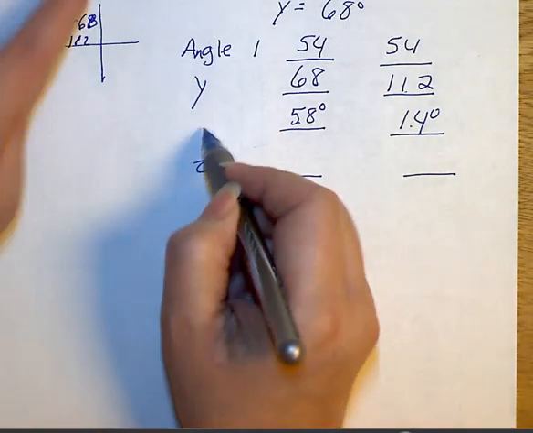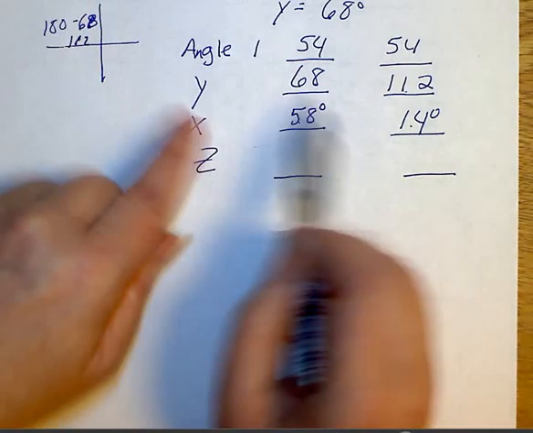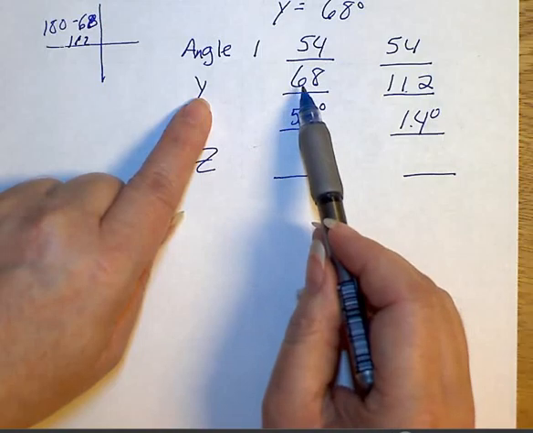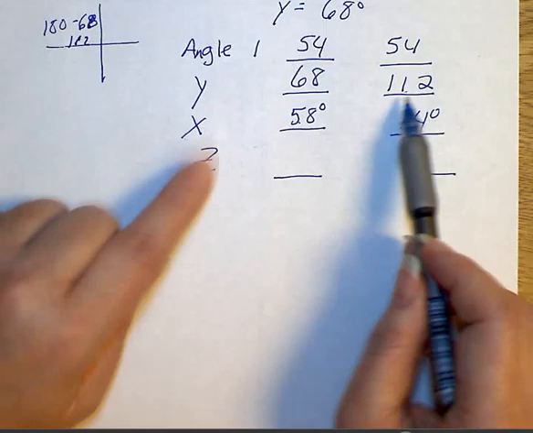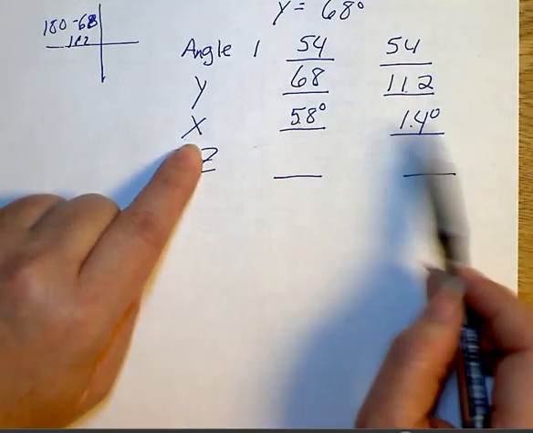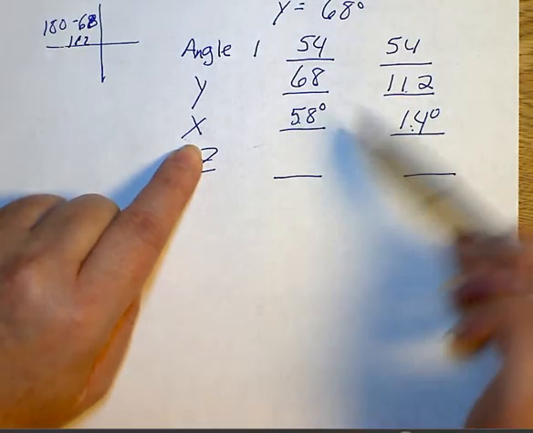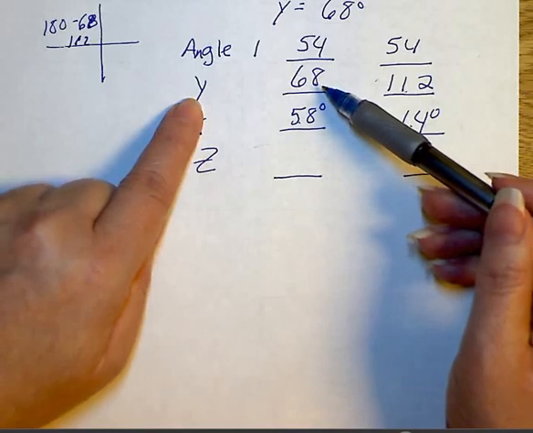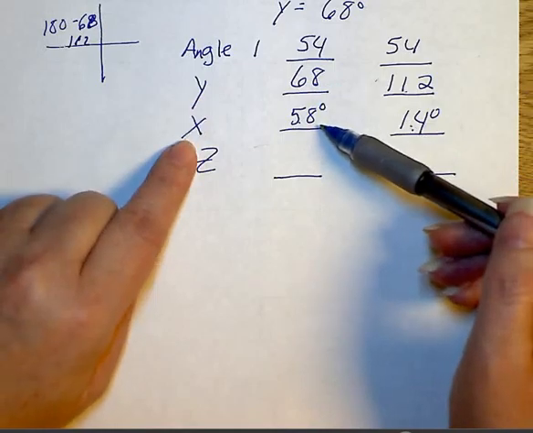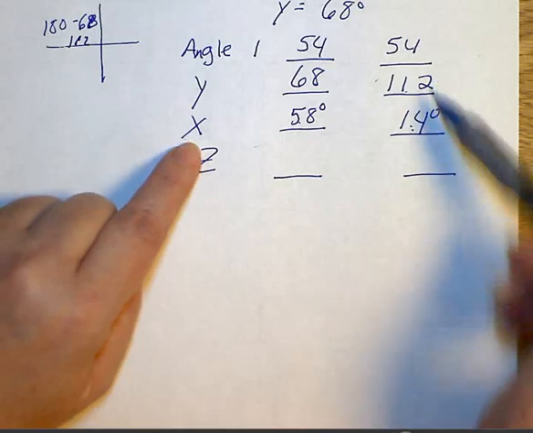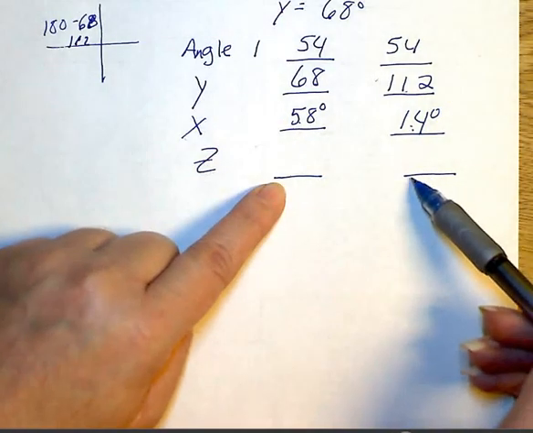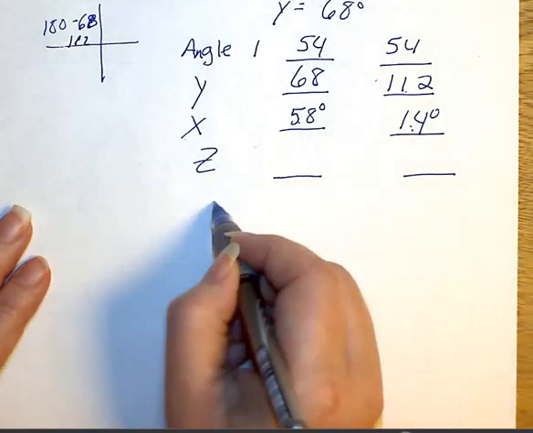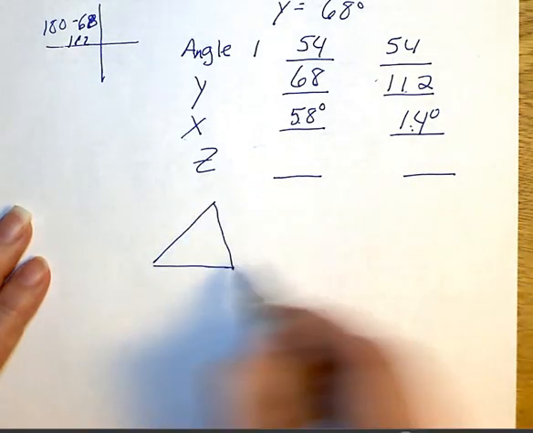Our Y on this one is 68, and on this one is 112. And our X is 58 and 14. When Y is 68, X is 58. When Y is 112, our X is 14. So these are two triangles. Alright, so I'm going to redraw them so that you guys can see them.